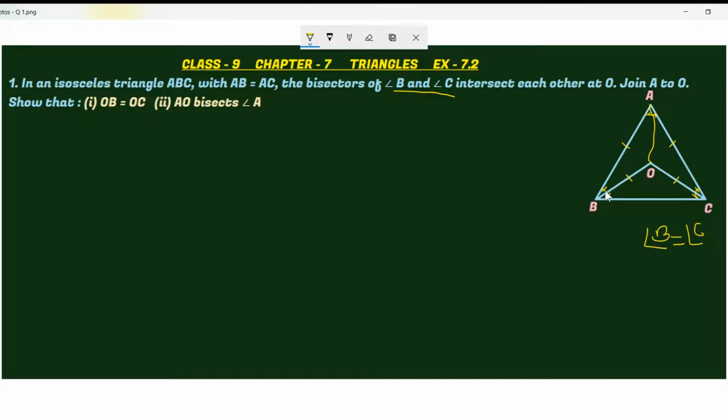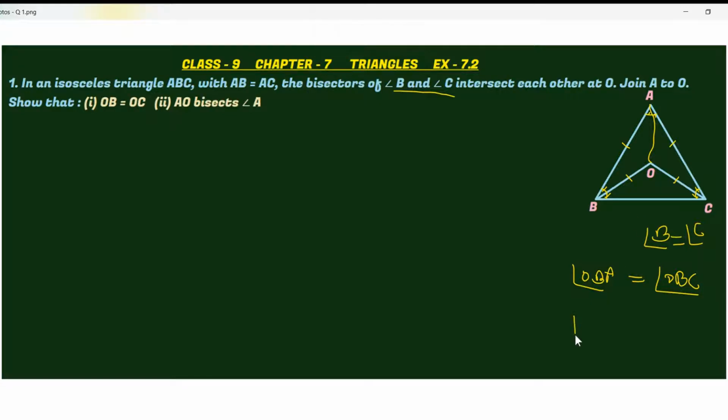Bisector OB is bisecting the angle B and OC is bisecting the angle C. Already angle B is equal to angle C and angle OBA is equal to angle OBC because OB is the bisector of angle B.